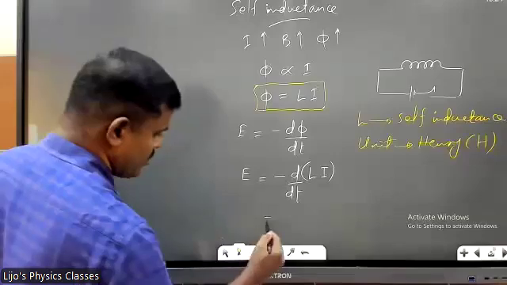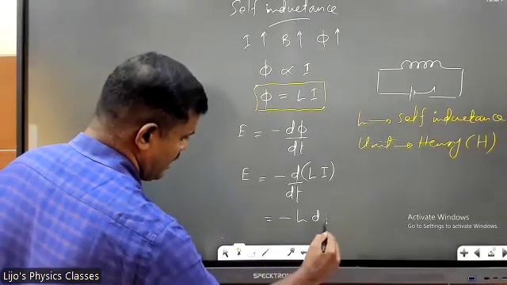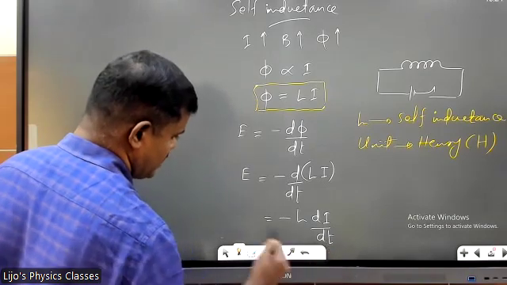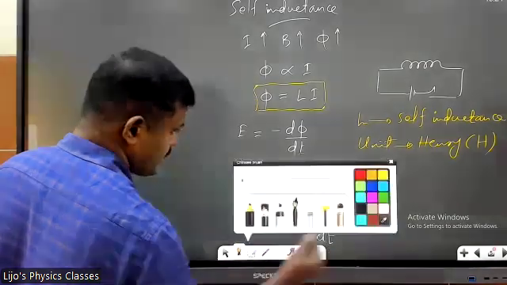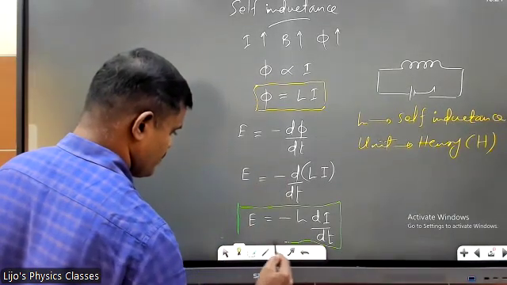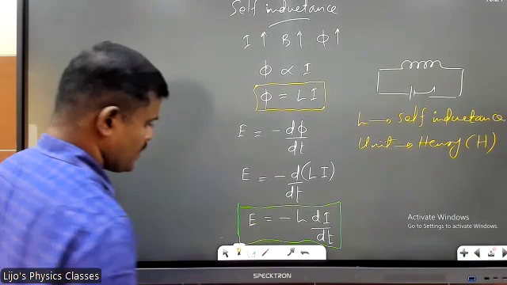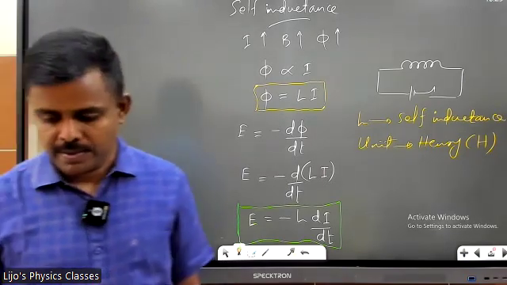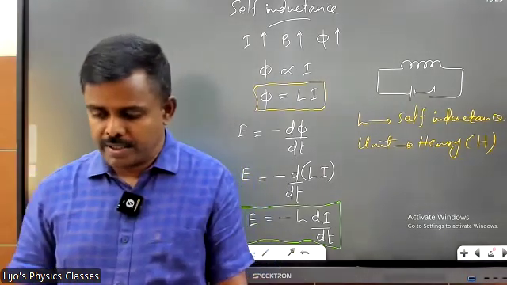So you can take this L outside: minus L into di by dt. EMF is equal to minus L into di by dt.